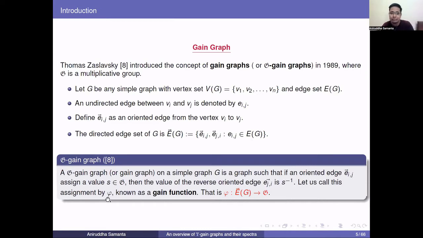Let us call this assignment phi. Then phi is known as a gain function. So a gain function is basically a mapping from the directed edge set to the multiplicative group G.